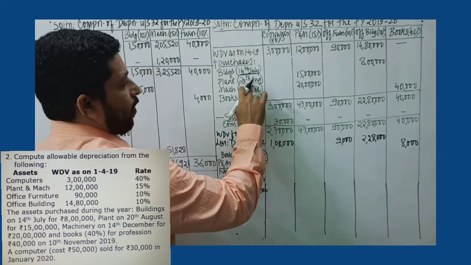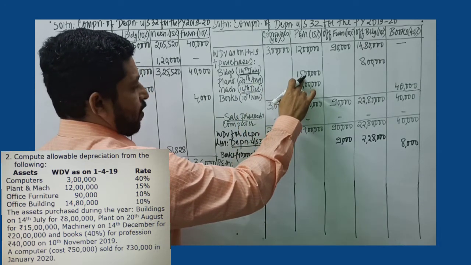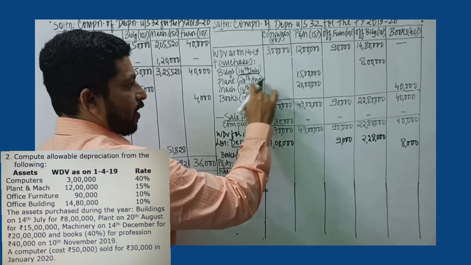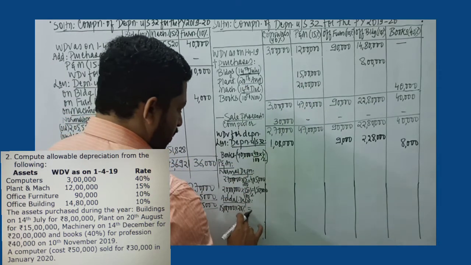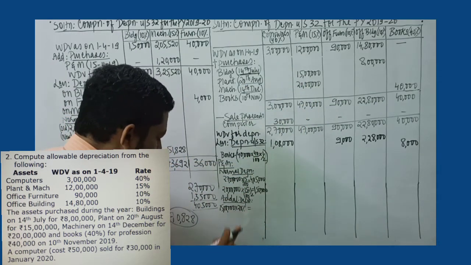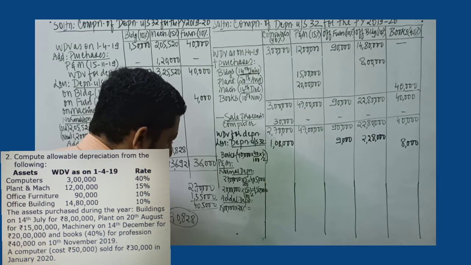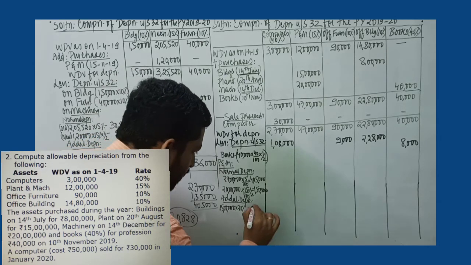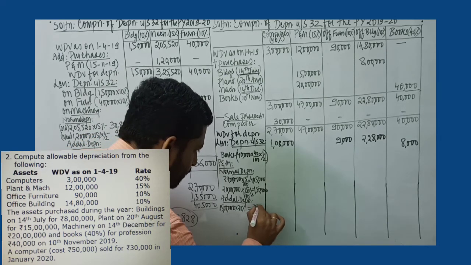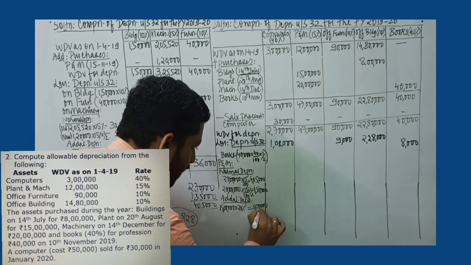And this 20th August machine was purchased and used for more than 180 days. So 20% of 15 lakh: 10% is 1,50,000, 20% would be 3 lakh. So 3 lakh is the amount.